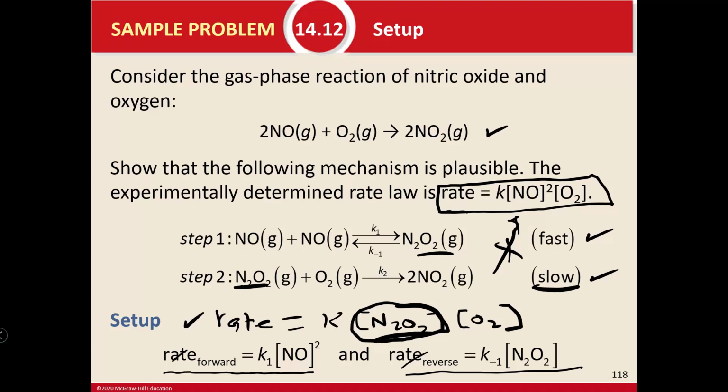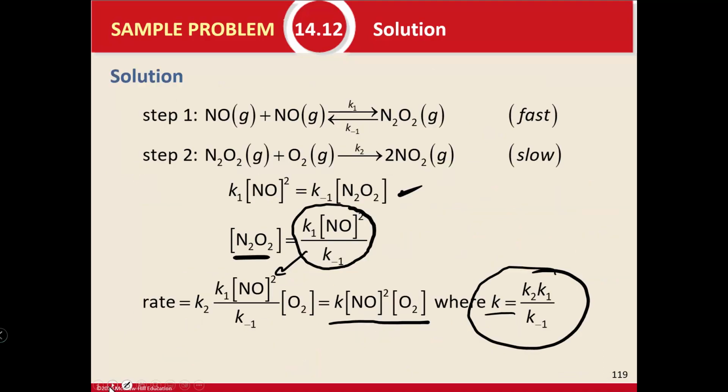Where does it come from? Well, it comes from the fast step. I need to look at both the forward and reverse reaction of the fast step and set those equal to each other. Then I solve for the intermediate and substitute that into my rate law. That will give the rate law we determined experimentally.